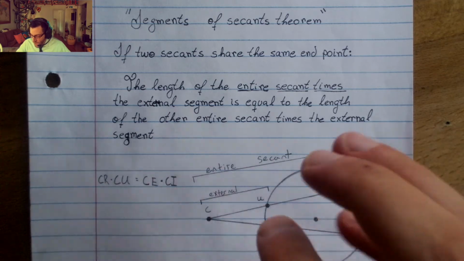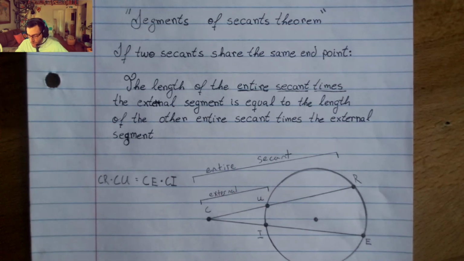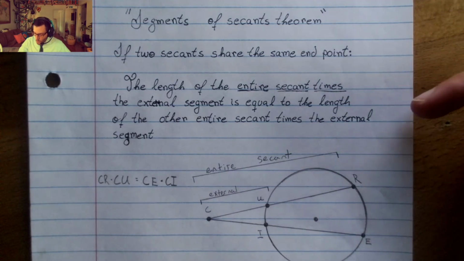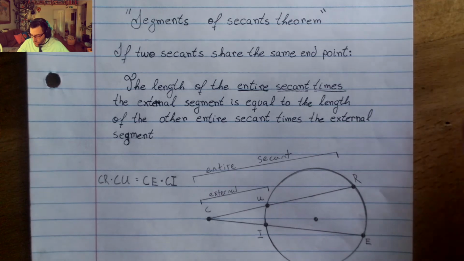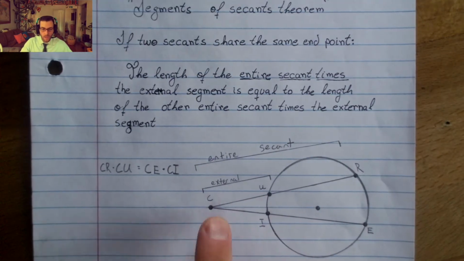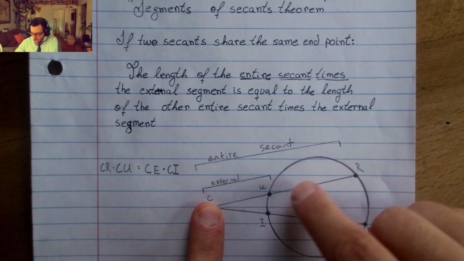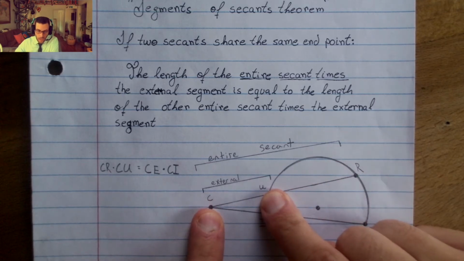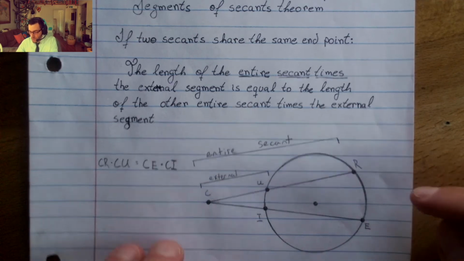With our secants, we're going to add this concept of the external segment into our mathematical theorem. If two secants share the same endpoint, as in spot C, we are going to take the length of the entire secant, multiply it by just the external segment, and set that equal to the other in the same fashion.